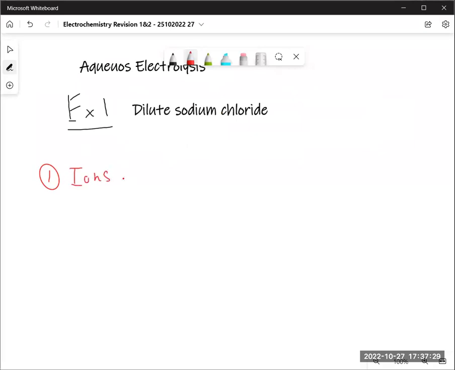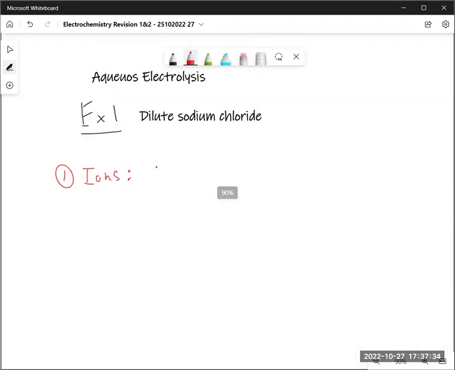Now, what ions do we have? Let's start with the ions. Sodium chloride, that means it is NaCl. So, Najla, tell me which ions will I have? Yes, sir. So I have dilute NaCl aqueous. What ions will this electrolyte give me?